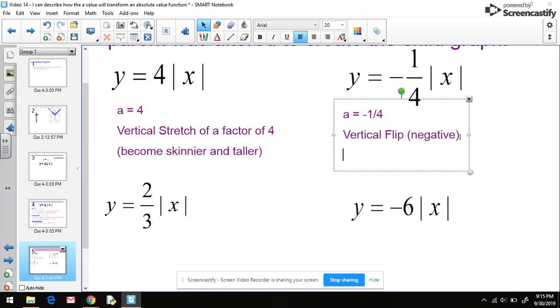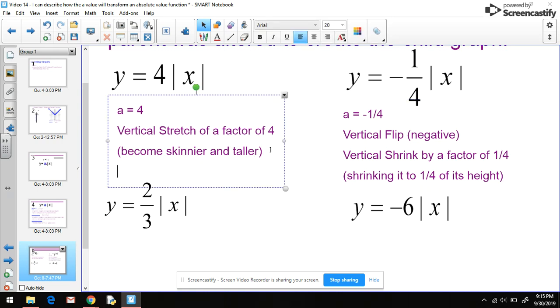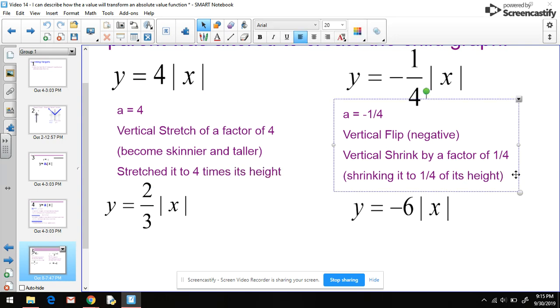So this is really a vertical shrink by a factor of 1/4. Essentially what it's doing is shrinking it to 1/4 of its height, just like over here when we took 4 and stretched it to 4 times its height. That's essentially what we're doing. So here we would expect it to get wider.